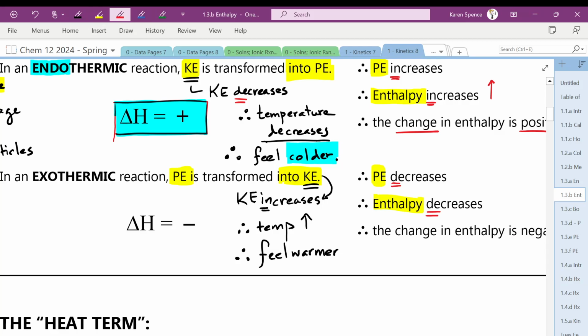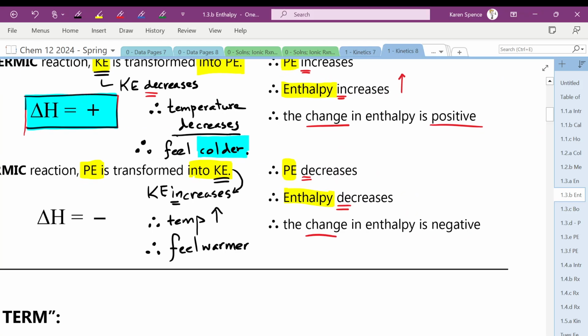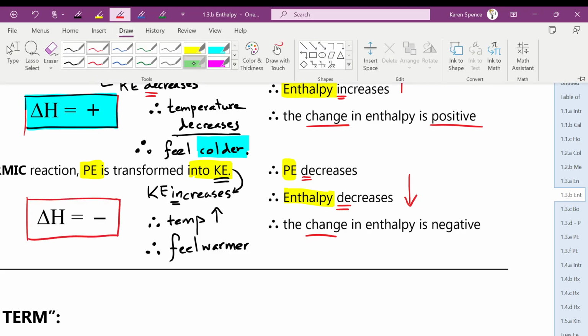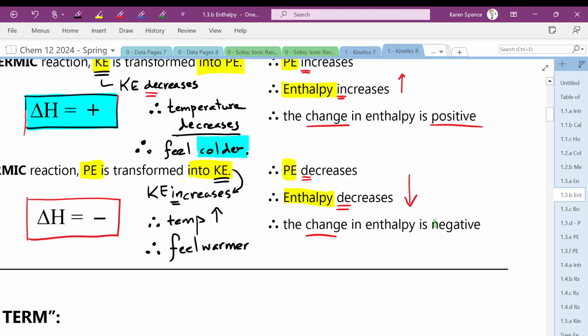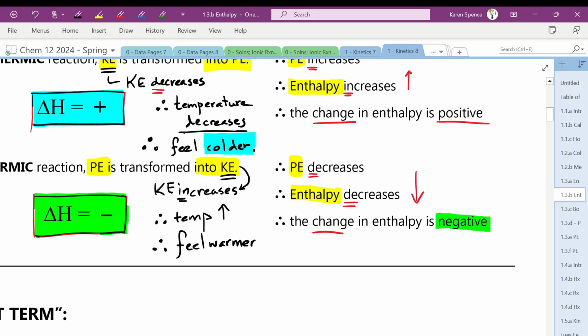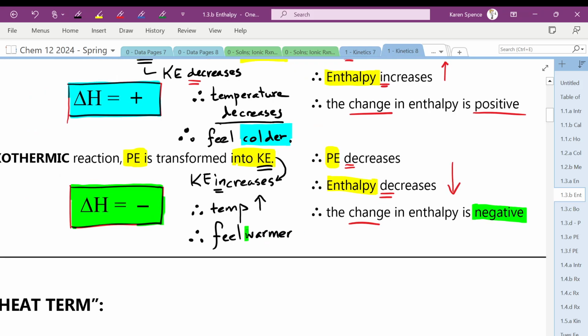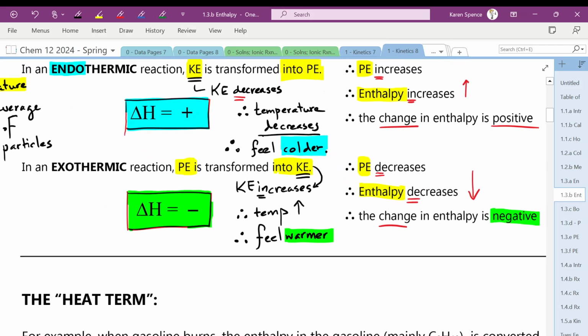And if it's decreasing, the change in enthalpy is negative because we are going downwards. So it's going to feel warmer. Temperature is going to increase.